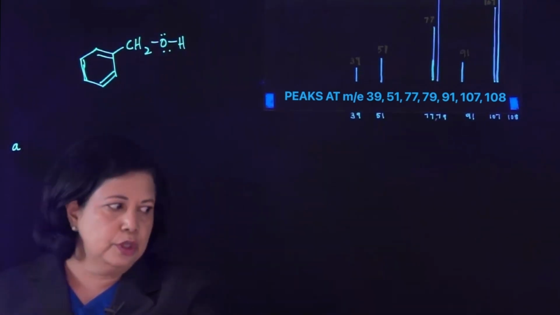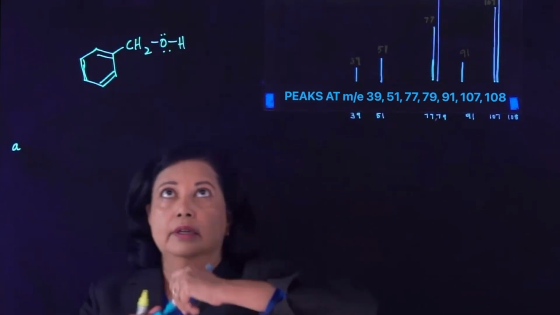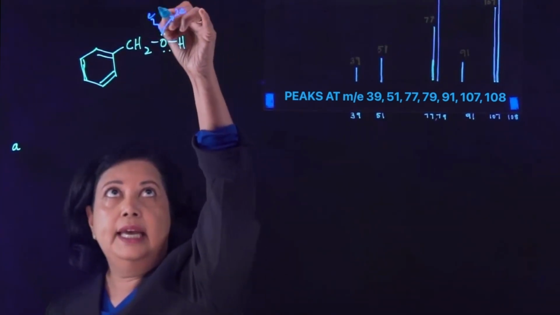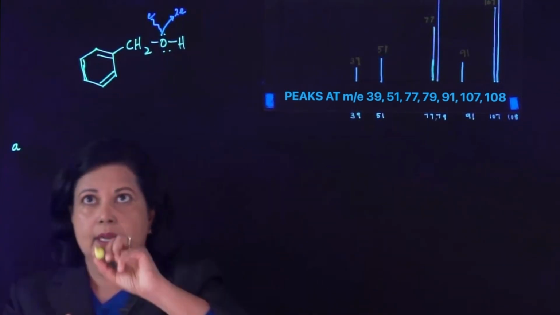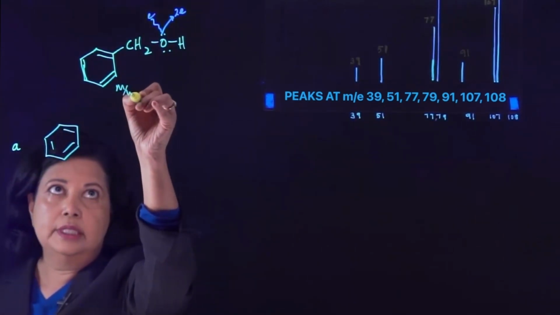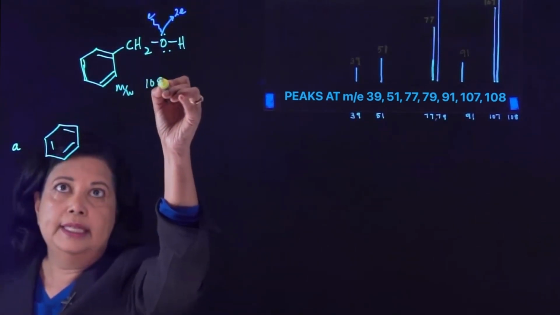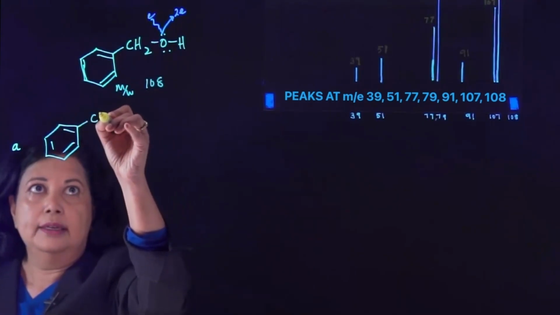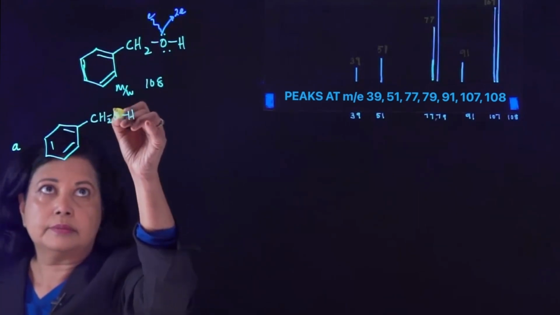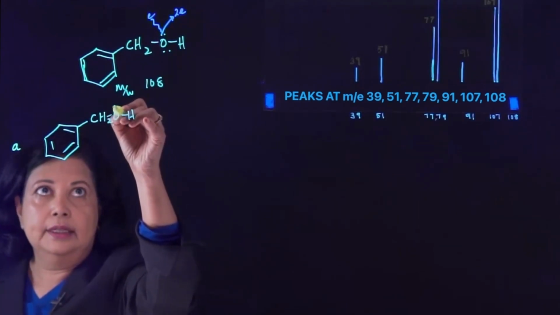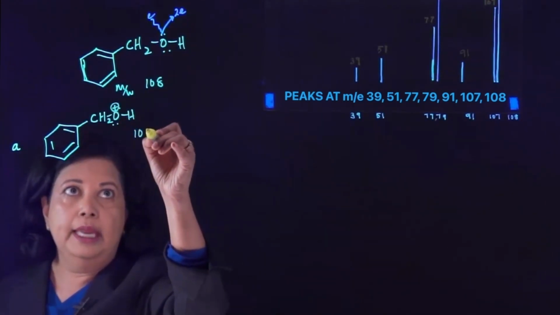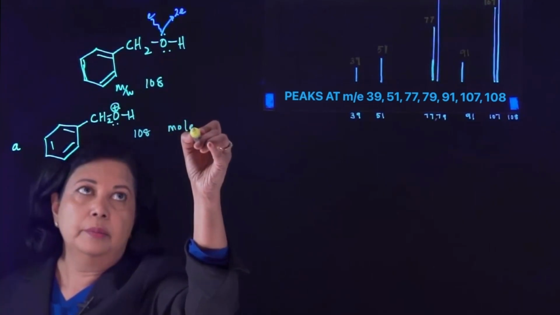You have your electron ionization, high-speed electrons impinge on that, take an electron out, and you are going to have a molecular ion peak at 108. The molecular weight for this is 108, and so if you have a CH2OH, that got taken out, there's a hole in there, and that is your 108 molecular ion peak.